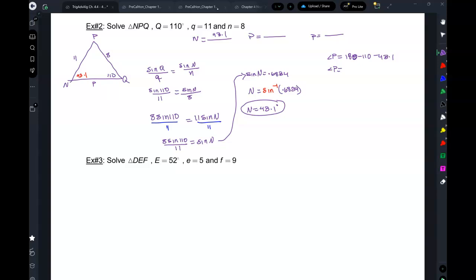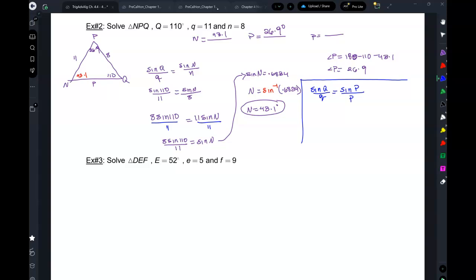Okay, for the next one, I'm going to show you a little bit of a shortcut. Okay, take a look. So sine of Q over Q is equal to, now we're going to find P. So sine of P over little p. So go ahead and fill this in, but do not cross multiply. Just fill it in.